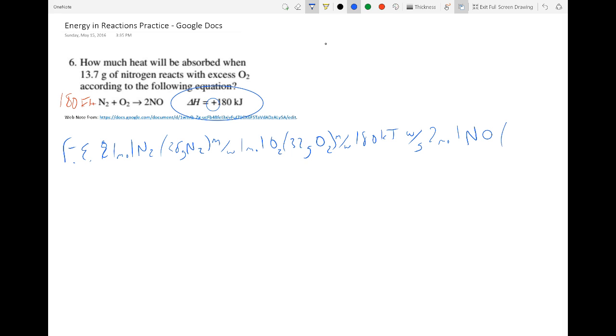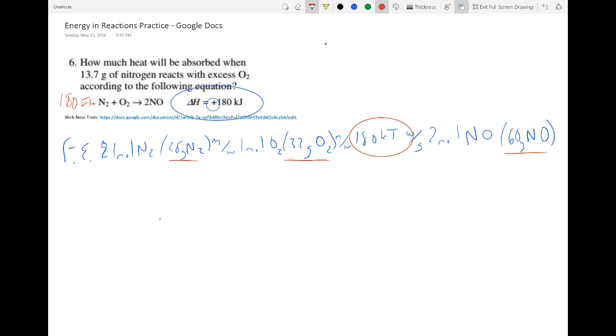So that's a total of 60 grams of NO. And we can do a quick check here. 28 and 32 is 60, and we got a total of 60. The only thing that's new here is that we got 180 kilojoules.